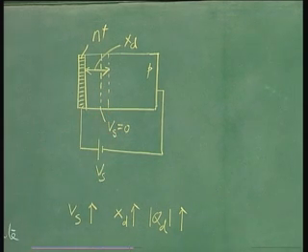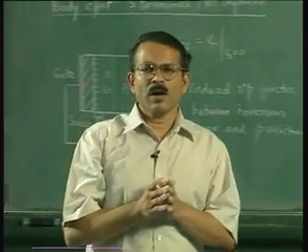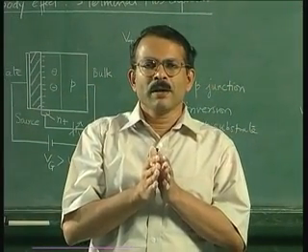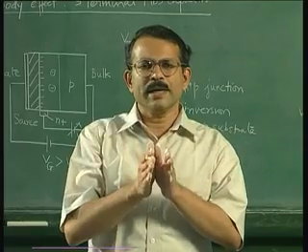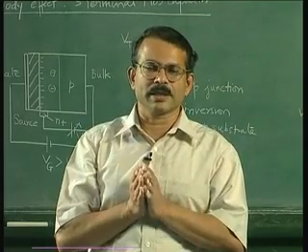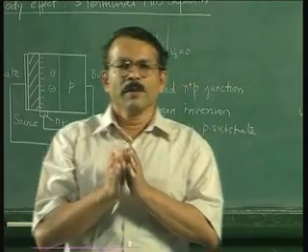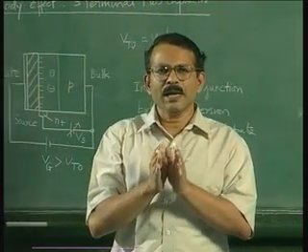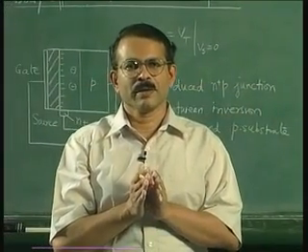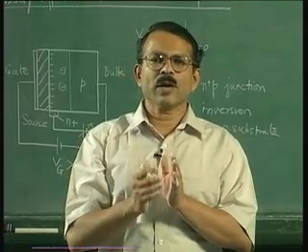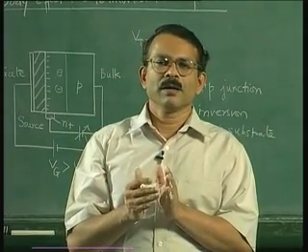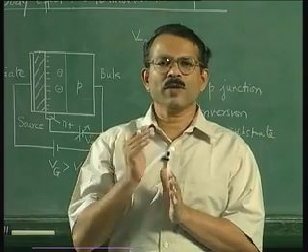Now recall that whatever gate voltage you apply, part of it drops across the oxide and the remaining part drops across the semiconductor. Now what we will do is, when we are discussing the body effect, we will start with an ideal MOS capacitor, and then you can always incorporate the effect of non-ideality by incorporating the non-zero flat band voltage.